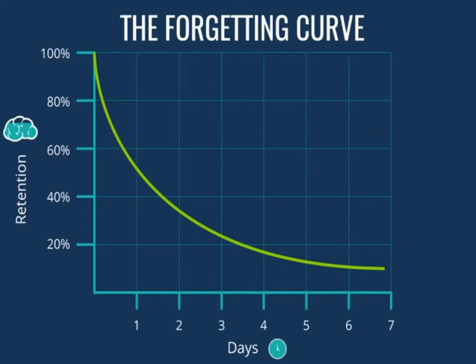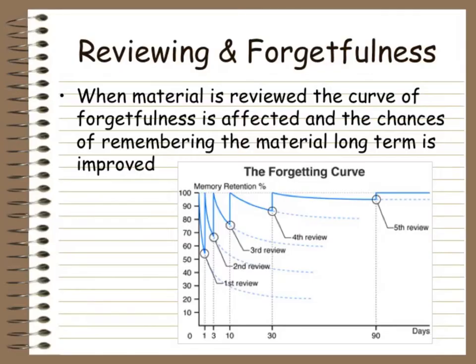So our question then becomes, what can we do to combat this forgetting curve? Well, the answer to that, my friends, is by reviewing. When material is reviewed, the curve of forgetfulness is affected, and the chances of remembering the material long-term is improved.